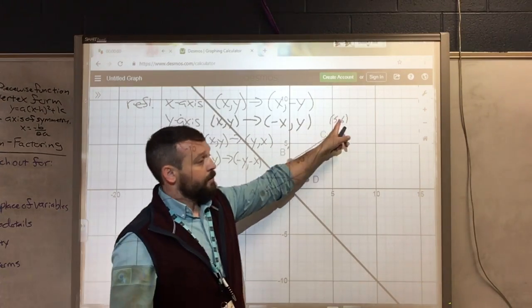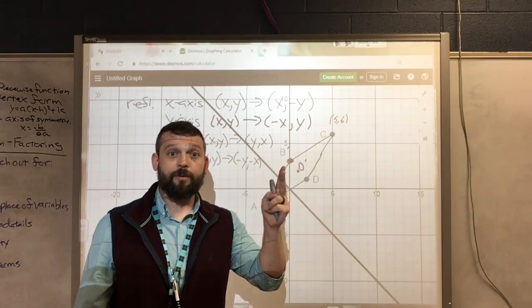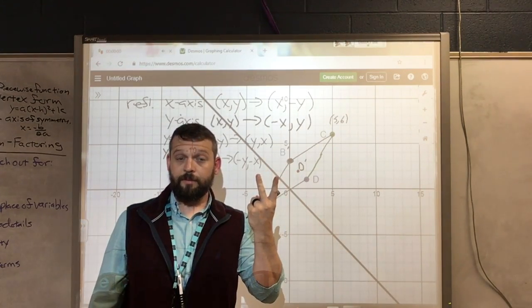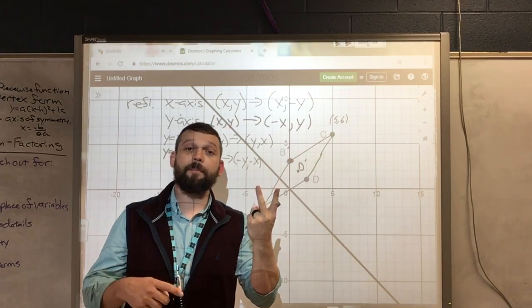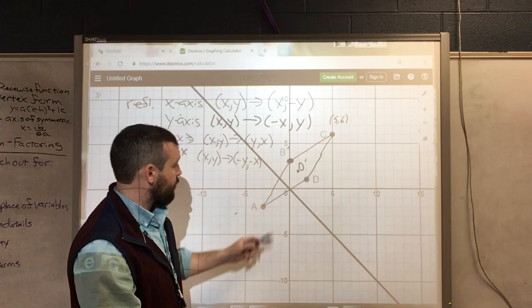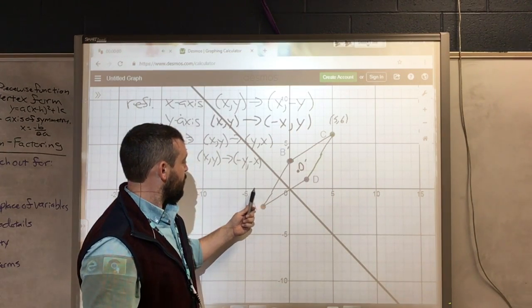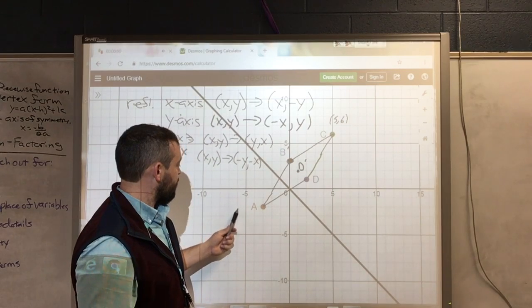So to go back to C right here. C, where it's 5 and 6, I'm going to turn it around, so it's going to be 6, 5. And then I'm going to multiply them by negative 1, so it's negative 6, negative 5.